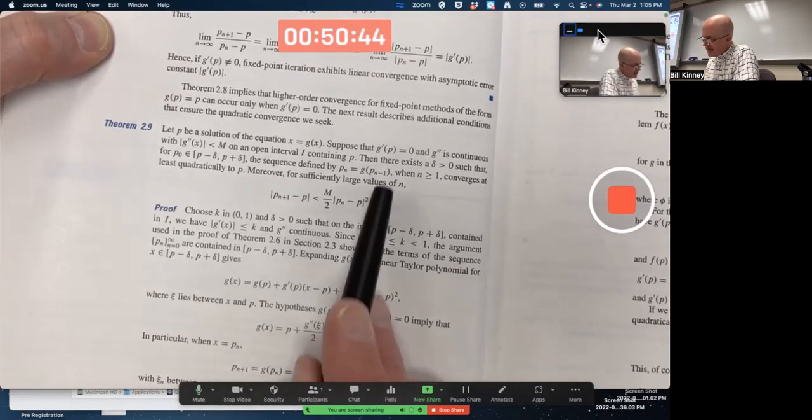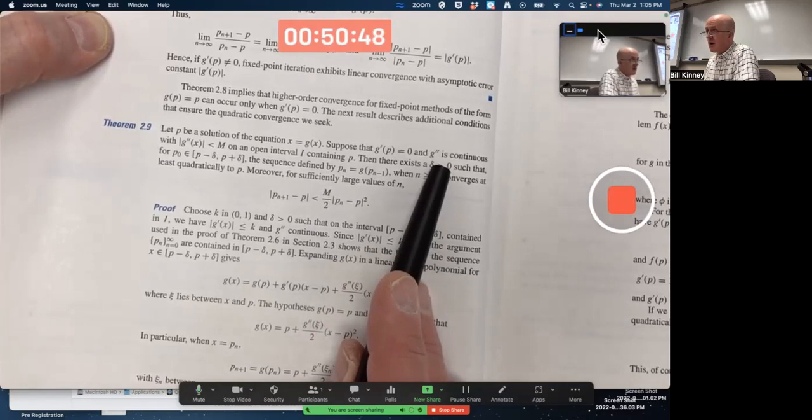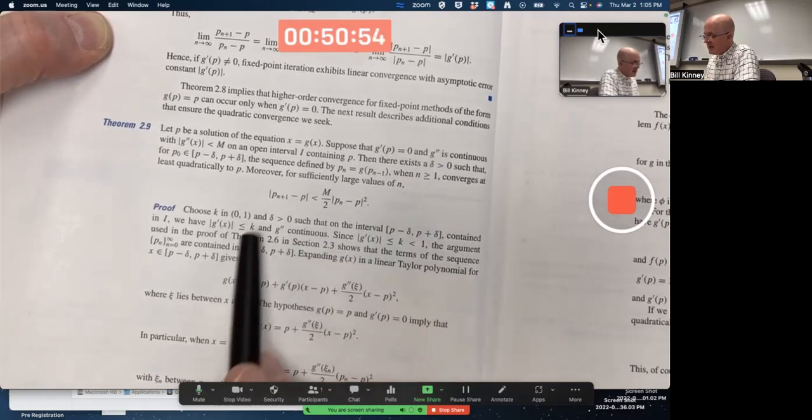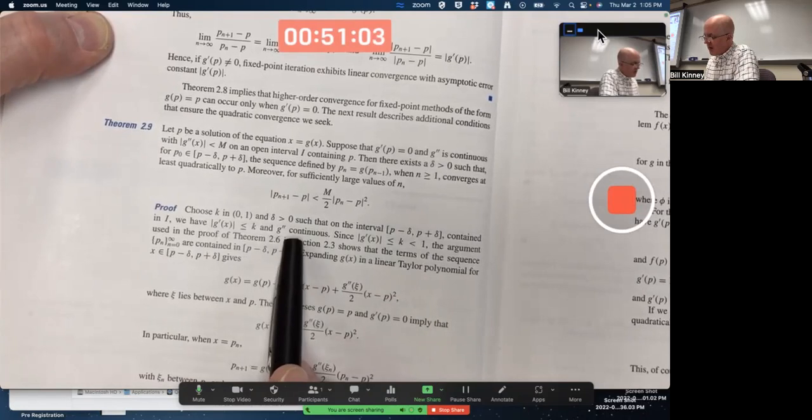Again, G prime of P is 0. If G double prime is continuous, so will G prime be continuous. So if the interval is small enough, G prime is not going to get too far away from 0, is what this is saying. And we also want to be just in a region where G double prime is continuous for some reason.